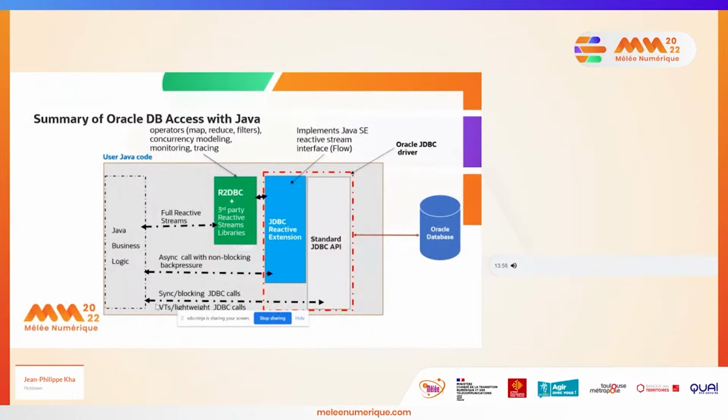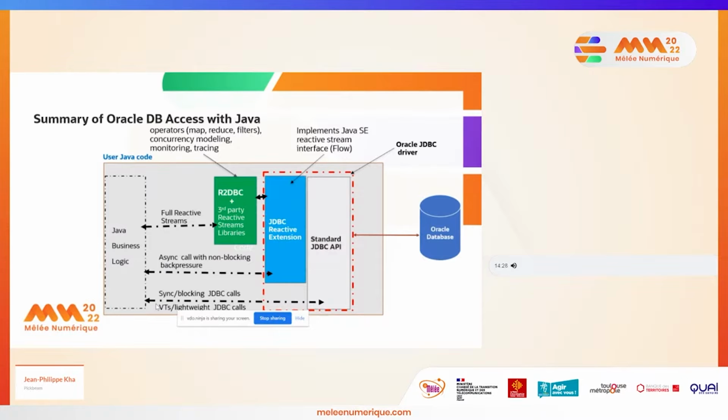But let's talk about database access with Java. Just to give you a glimpse of what we'll be exploring today, there are 4 different solutions and APIs that I can talk about. But today I'm going to explore virtual threads, because recently Oracle released Java 19, JDK 19, and we have included as part of that what we call virtual threads, which belong to Project Loom as the umbrella project.